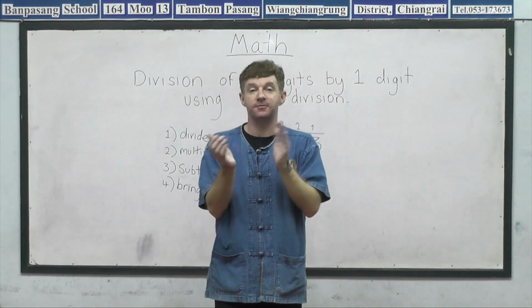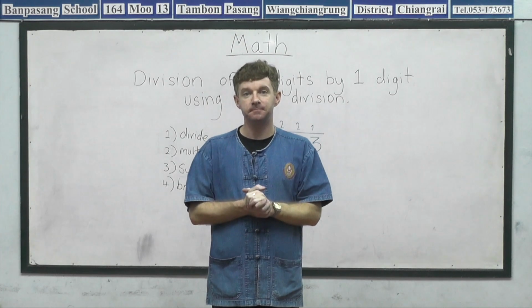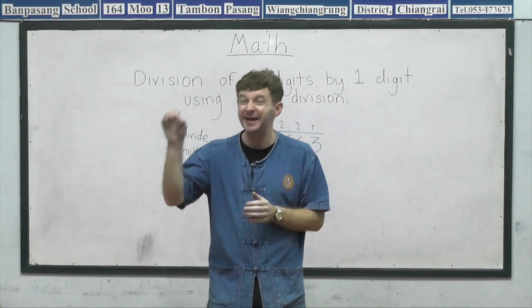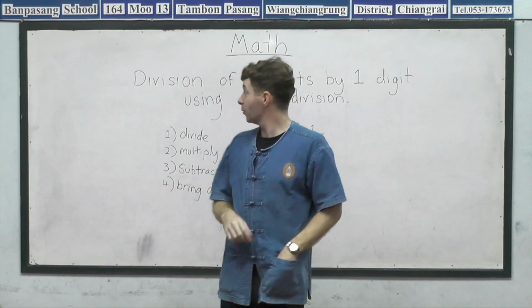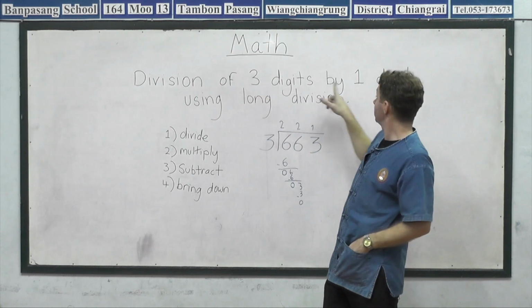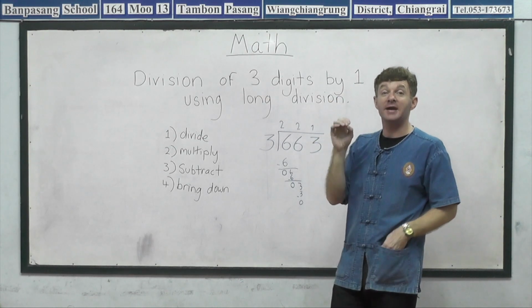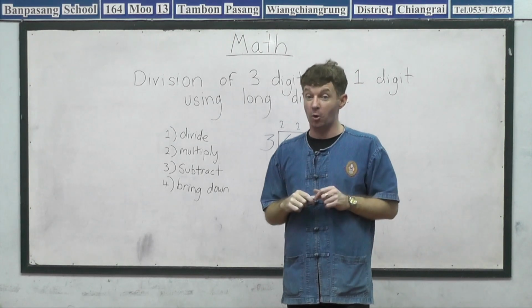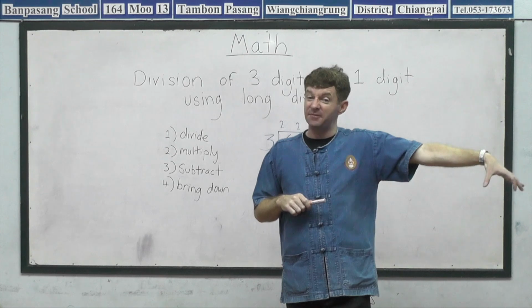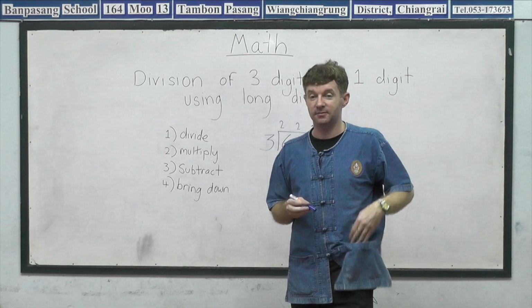That was brilliant. That was great work. Well done. But now we're going to move on a little step further. We're still going to do 3 digits by 1 digit, but can anybody guess what else we're going to use? What do we call it when we have numbers left over at the end? Remainders.